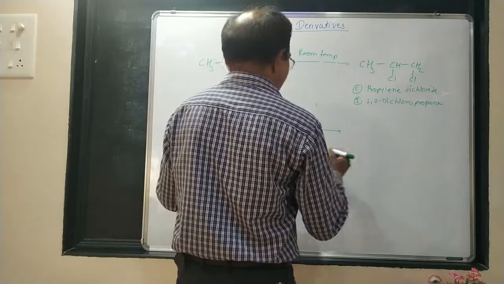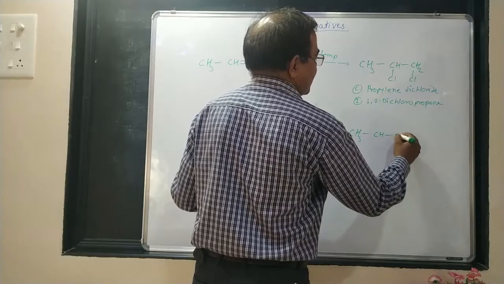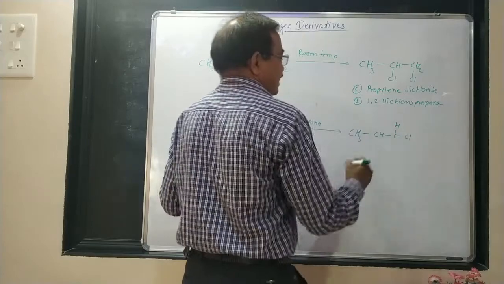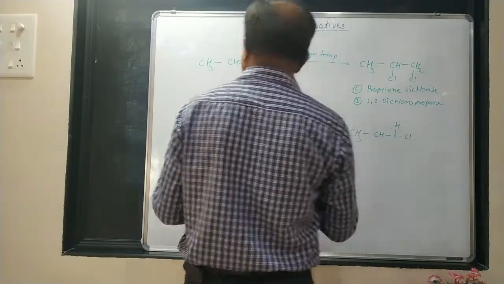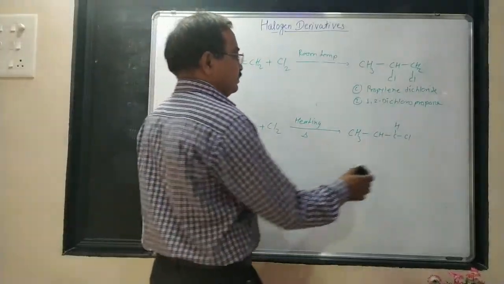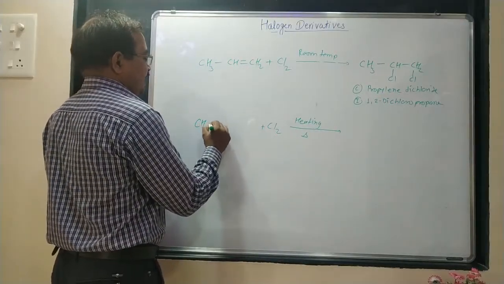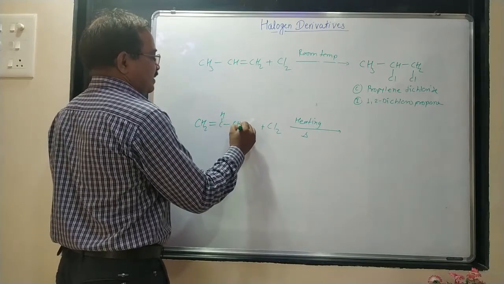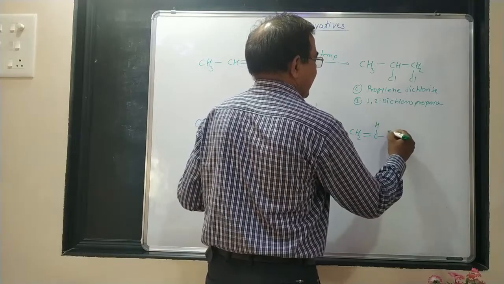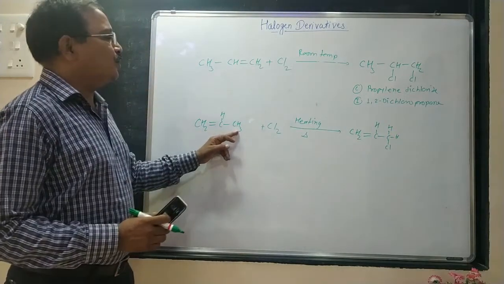So here, what happens? Here we get CH2=CH-CH2Cl. The double bond remains as it is, and one of the hydrogen atoms of the CH3 group is substituted.